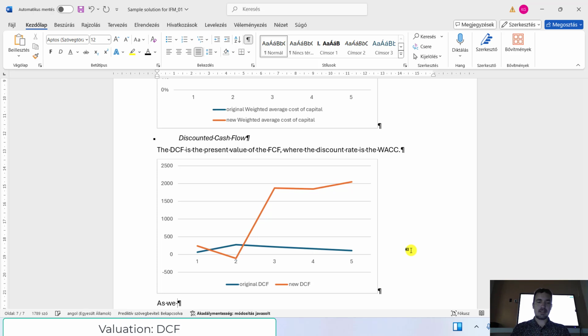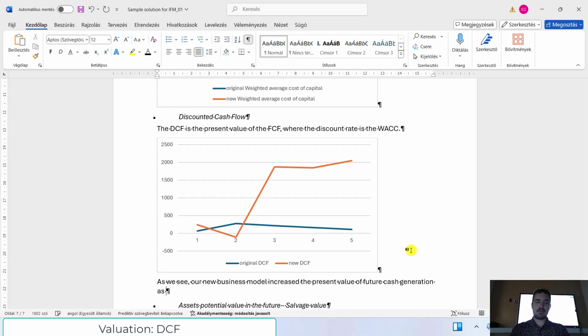As we can see, our new business model increased the present value of future cash flows, cash generation, sorry, a lot.